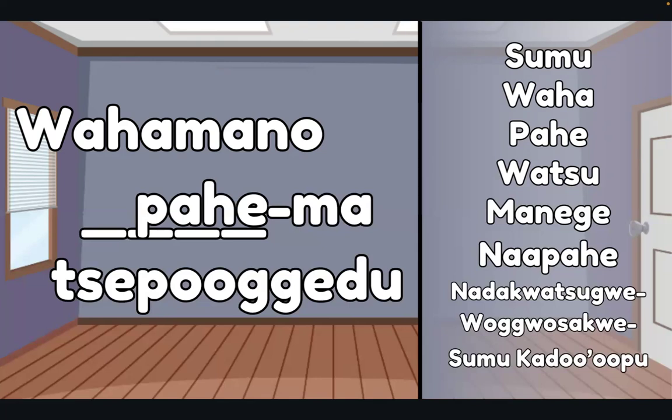Dylan, how about 24? What would you say? Wahamano watsumatsipugid. 20 with 4 added on.